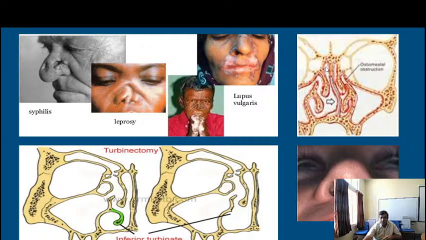Then there is another condition, gross deviation of the septum. On one side, the entire nasal cavity is so roomy, okay? So roomy, and that predisposes to the atrophic changes that may occur.